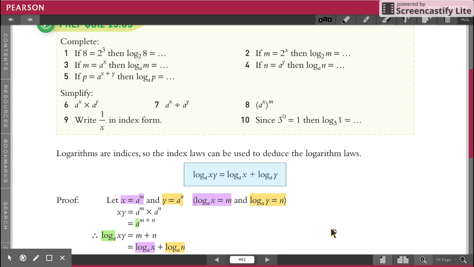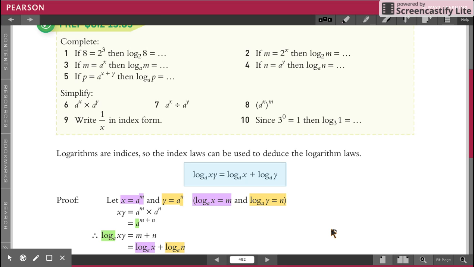So if we multiply these two, x times y, you'll see that that really means a to the m times a to the n. Knowing your indice laws, when you're multiplying indices of the same base, you just add the indices. So that is how we get a to the power of m plus n.